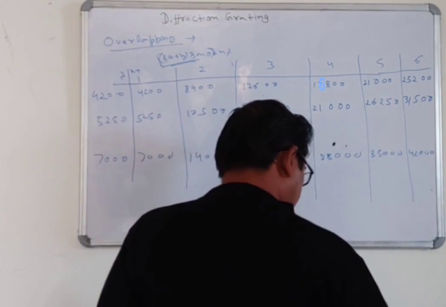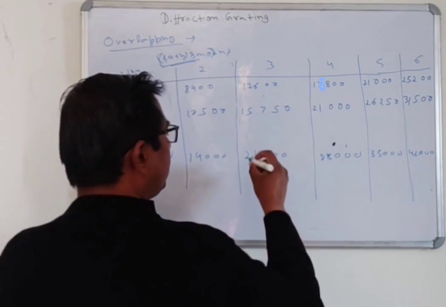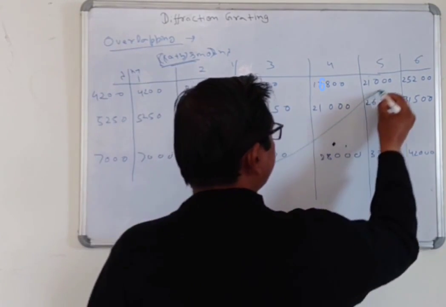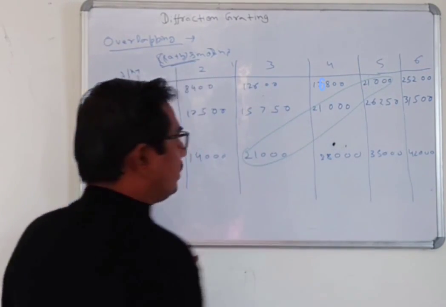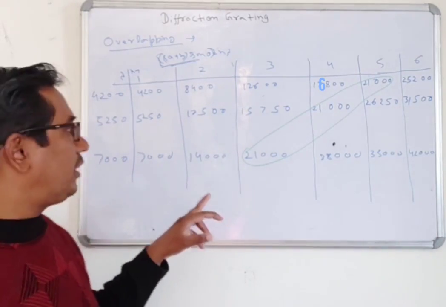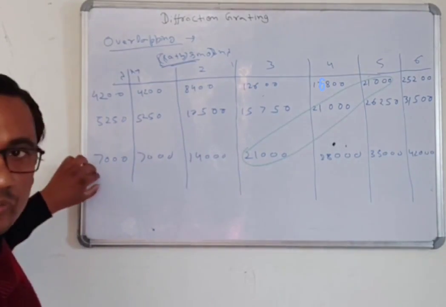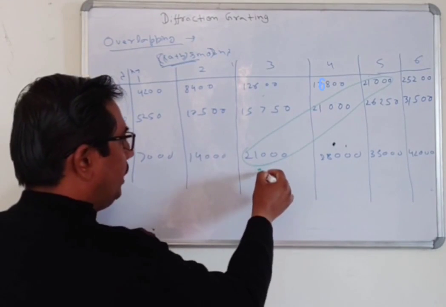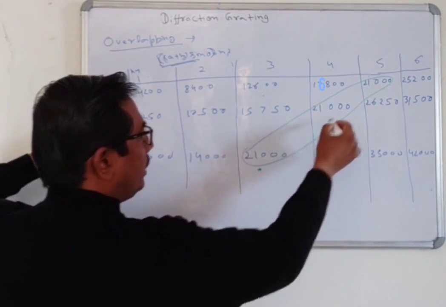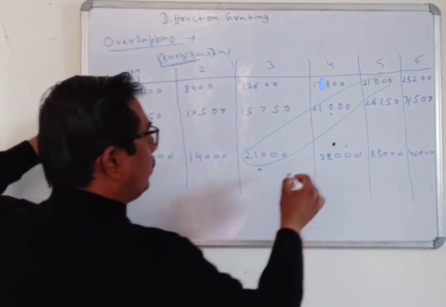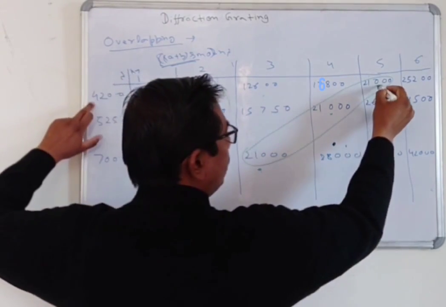You can see here, you can check it here yourself. These values, this one is the same, like that. It means that the spectrum of this wavelength of third order will overlap with this wavelength of fourth order, and also this wavelength will overlap with fifth order.